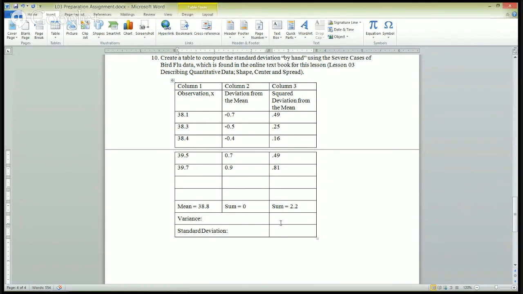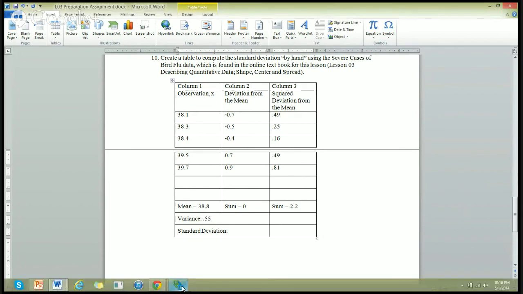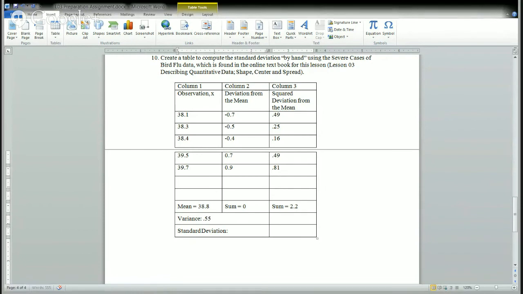That will give you your sum total, which is the 2.2. Then you add up how many observations there were, so there were 5. And then you do it minus 1, so it's n minus 1. So it's 2.20 over 5 minus 1. Okay. And you get the 0.55.